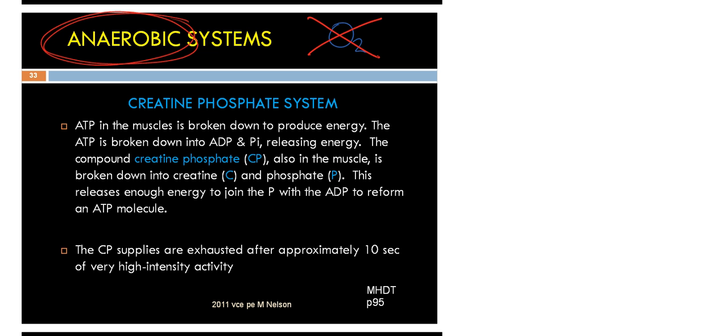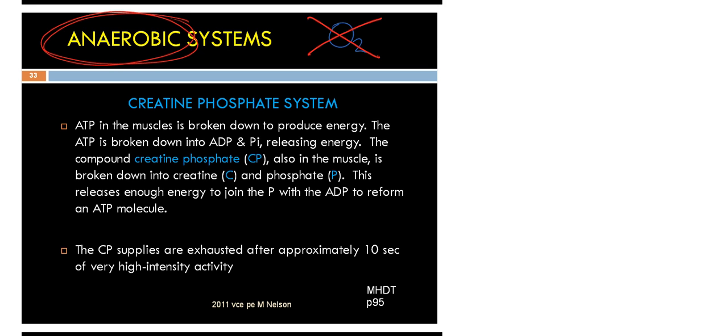So to read out the slide, ATP in the muscles is broken down to produce energy. Now this energy that's produced is used for muscular contraction. The ATP is broken down into adenosine diphosphate and an inorganic phosphate, releasing energy.